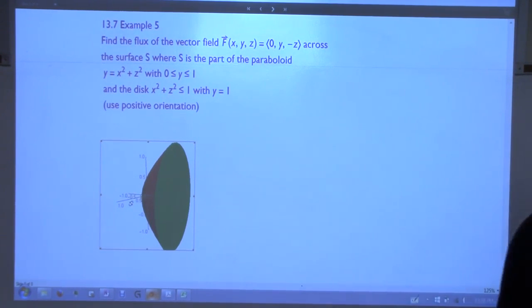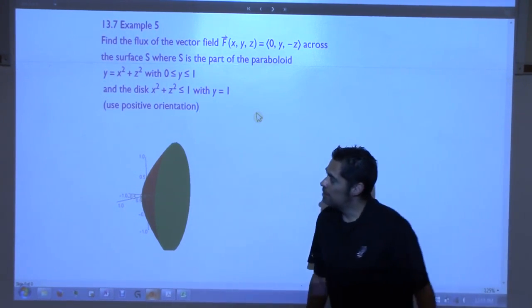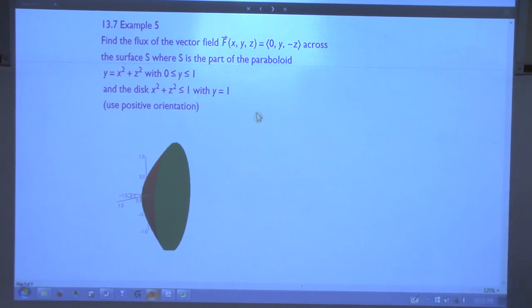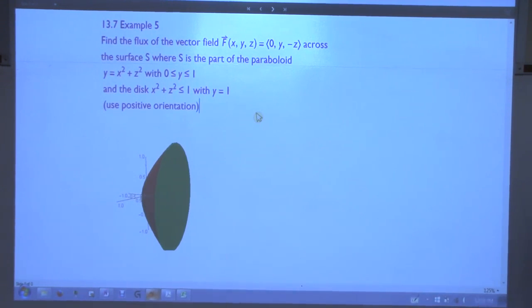I want to try and get through 13.7. Just barely here. I'm watching. Has to be handed in by one. Oh, well, that's just unfair. Bar's closed.